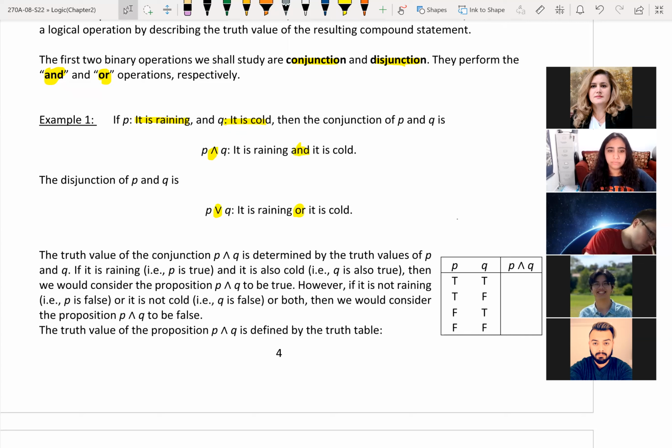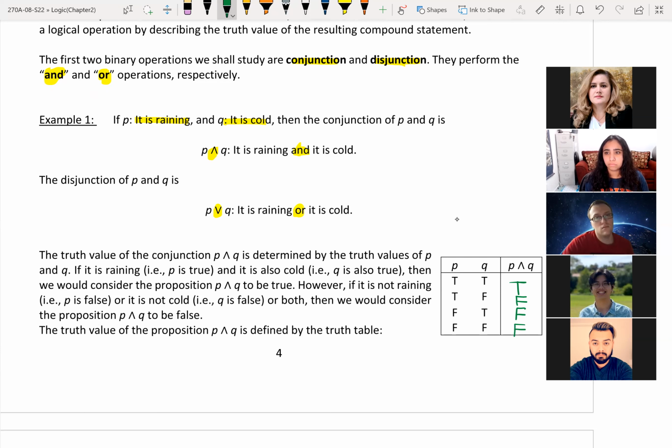For the truth table, you can help me fill it out. If you have P and then Q, and you want P and Q, which one is true? True, true is? True. True, false is? False. False, true? False. False, false? False.